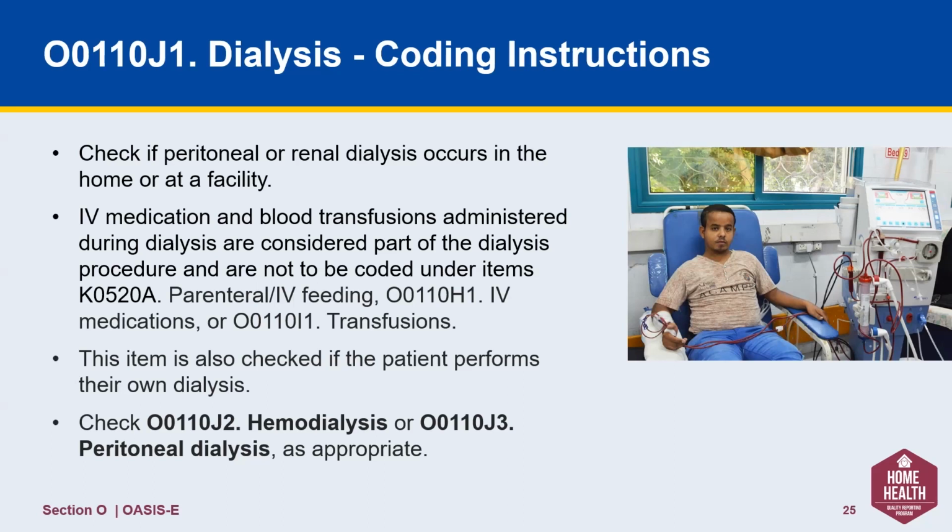IVs, IV medication, and blood transfusions administered during dialysis are considered part of the dialysis procedure and are not coded under items K0520A, parenteral IV feeding, or under O0110H1 IV medications, or O0110I1 transfusions.